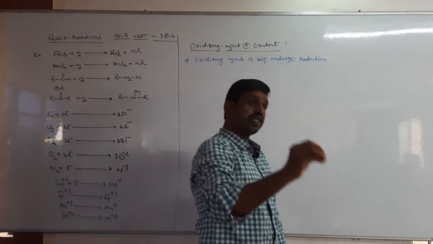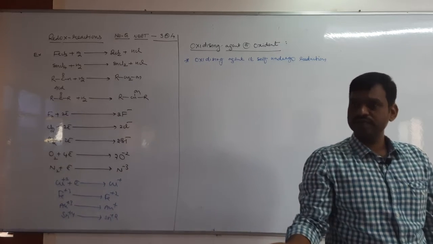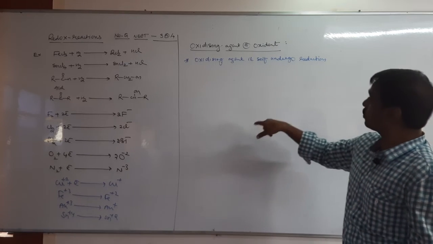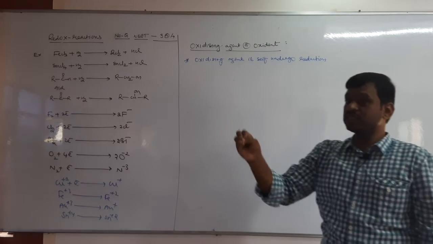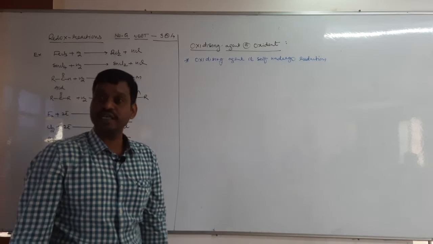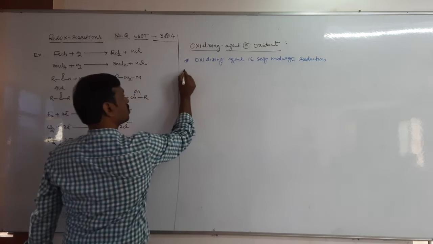Therefore, the substance which undergoes reduction in a redox reaction, right? Or the species which undergoes what? Reduction. Itself undergoes reduction. Therefore, the species which undergoes reduction in a redox reaction is an oxidizing agent, right?